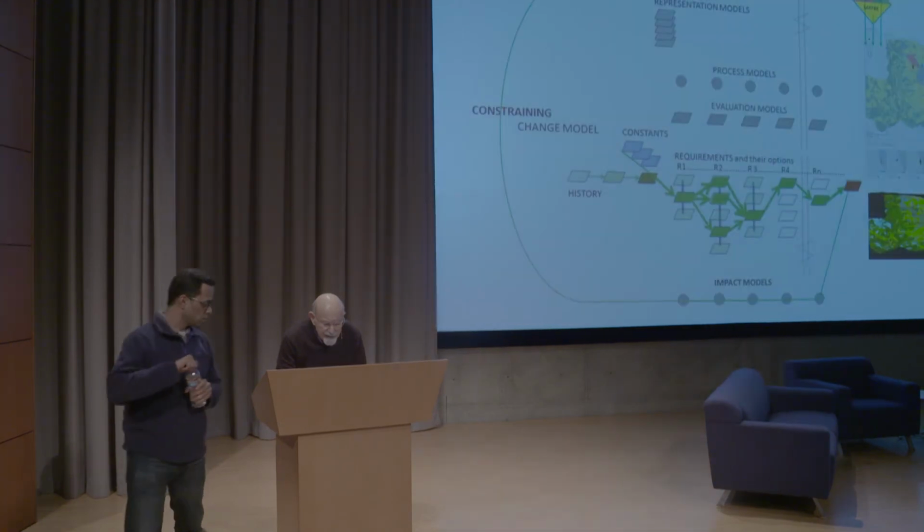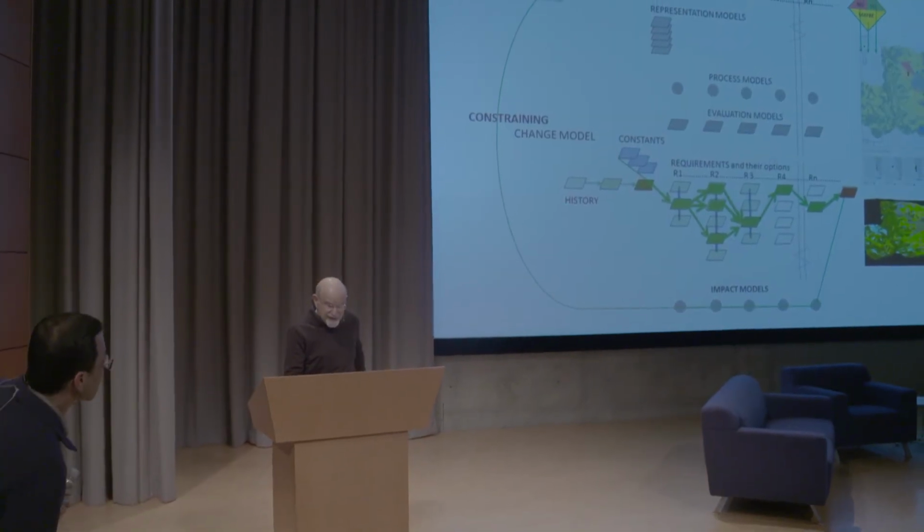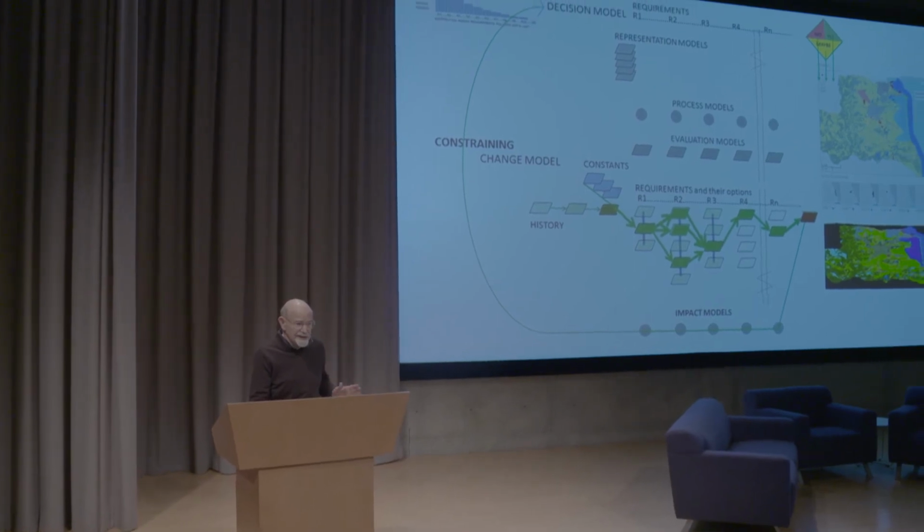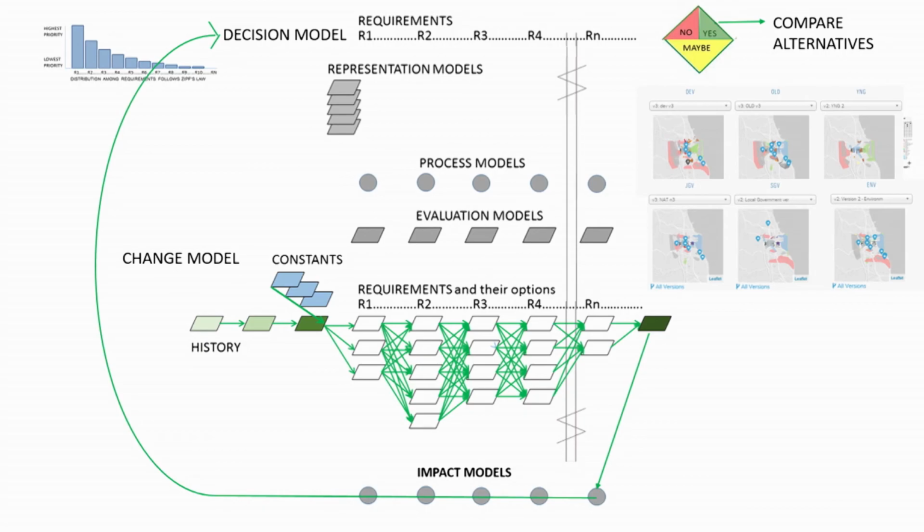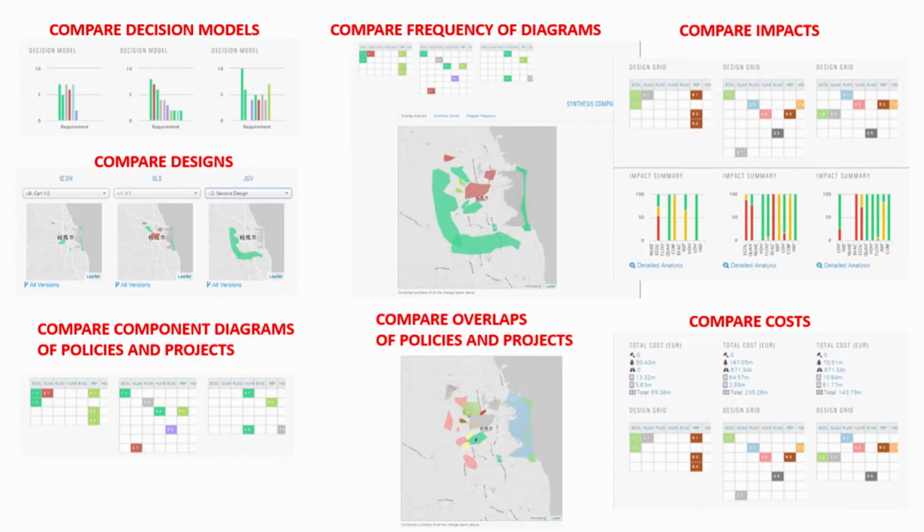Okay, so each design, we did not use City Engine, but we could easily have if we had a link to it. Each design is a series of decisions. It's a plan. It's a 3-dimensional thing, and we've got 6 of them. These are the Delft ones, not today's. We can compare the decision model. We can compare the design. We can compare the component elements.